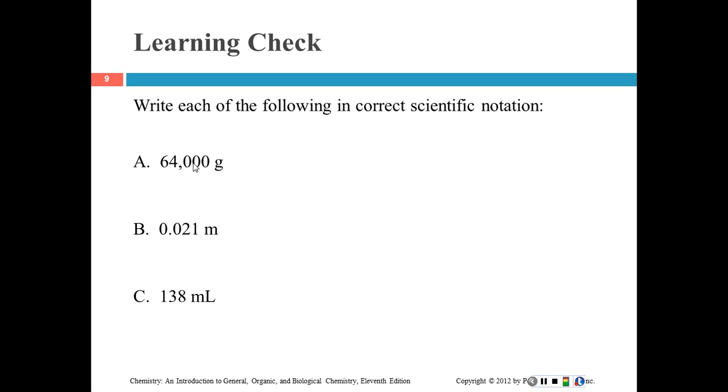All right, so this is a big number, so I know I'm going to have a positive exponent, and so if I say 1, 2, 3, 4 places, I'm going to have 6.4 times 10, what did I say? 1, 2, 3, 4, right? So 10 to the 4th. On this one, I'm going to go 1, 2.